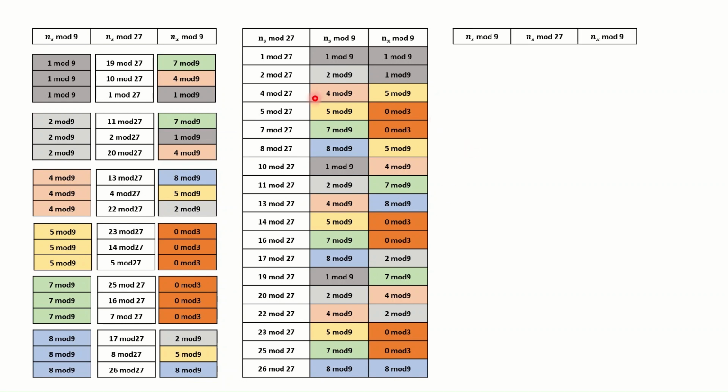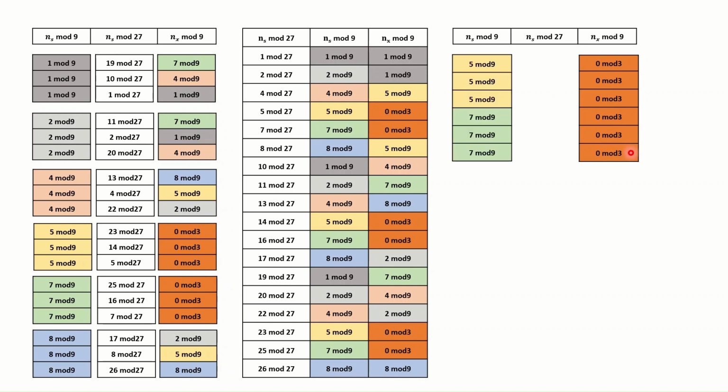Now what's interesting is if we group these solutions, say all the solutions that are 0 mod 3, how do we get them? If a number is 5 mod 9, irrespective of its definition in terms of mod 27, it is always going to have an nx that is 0 mod 3.